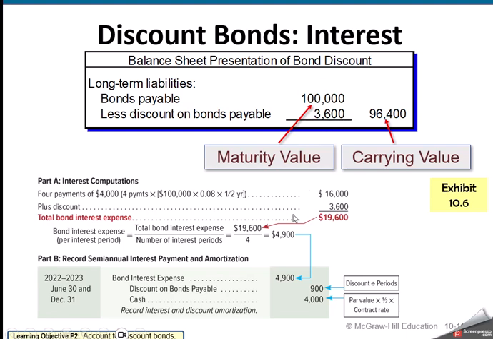So we're amortizing that. So we take the $3,600 and we divide it by those 4 interest payments. There's 2 years to maturity on the bond, and it pays interest semi-annually, or twice a year. So 4 times. So the $3,600, divide that by 4, gives us this $900.